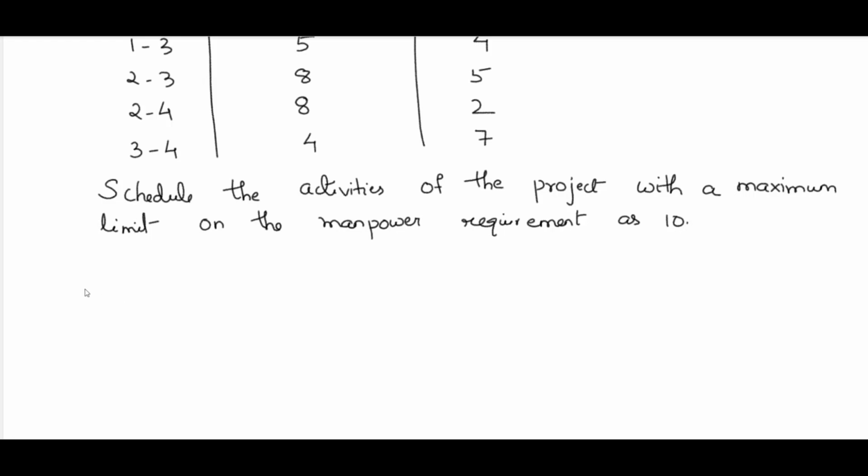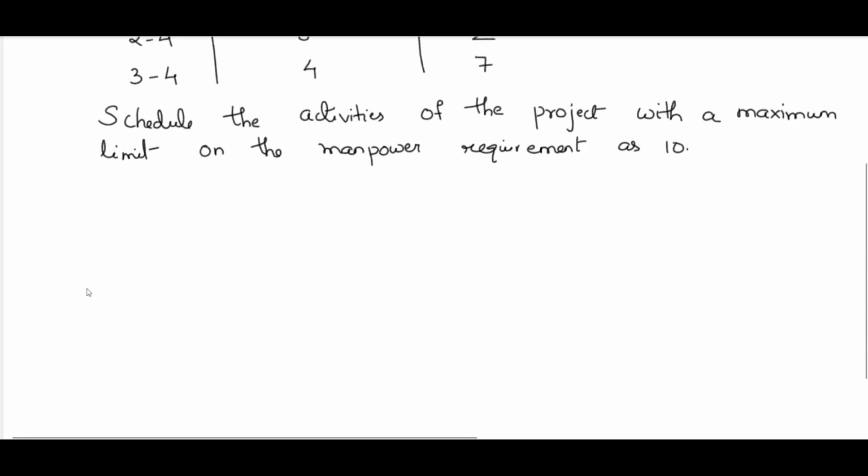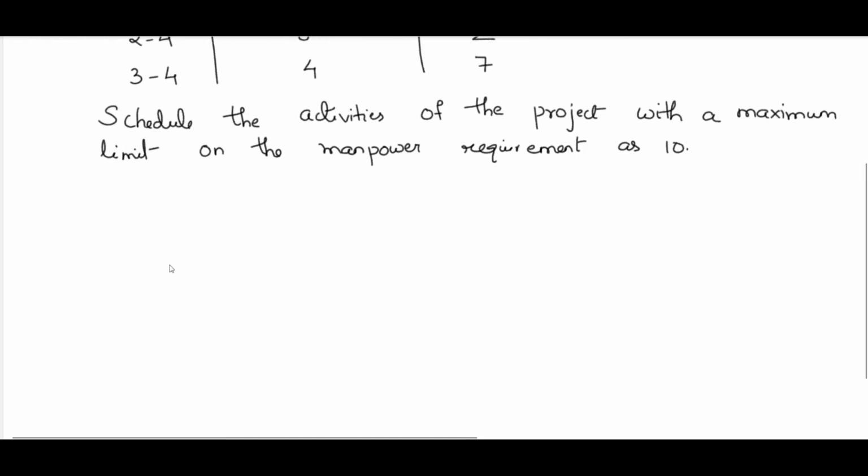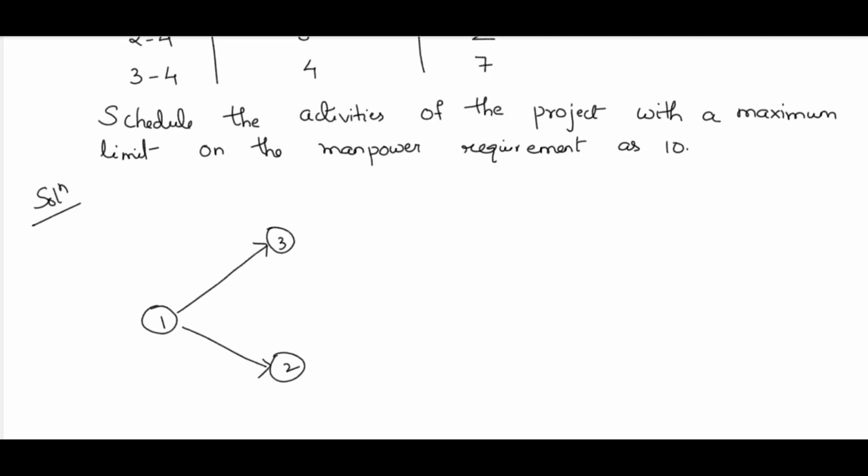So first of all, as usual, we will draw the network. 1, 2 and 1, 3. 1, 2 takes 4 months and 1, 3 takes 5 months.